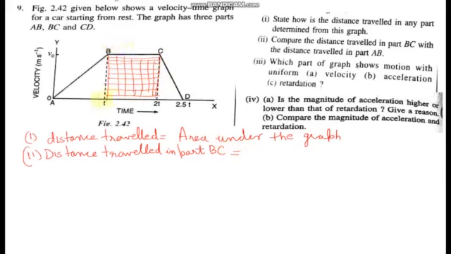It is a type of rectangle, so its area will be length into breadth. अब इसकी length क्या है? This is 2t minus t, so length is 2t minus t. And what is the breadth? Breadth is V naught minus 0, so it comes out to be V naught into t.